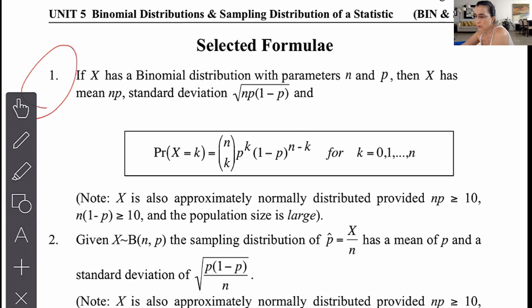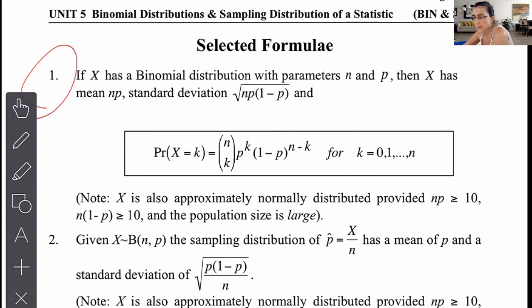For a binomial variable x with parameters n and p, its mean will be np, its standard deviation the square root of np(1 minus p). Each outcome is calculated using this formula. It's a discrete variable.